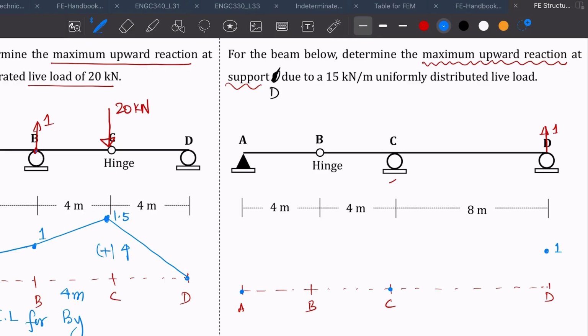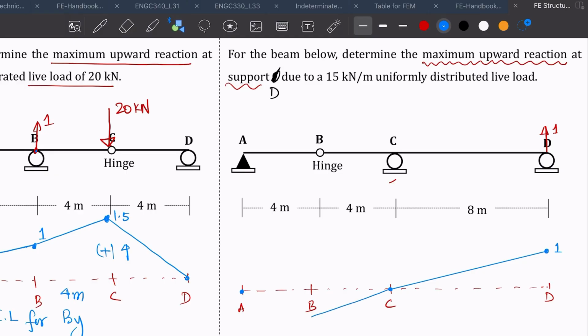Okay, so now we have to draw the influence line. We have to draw a straight line and maintain continuity. We cannot draw a straight line over this because you would be bending the beam at C, or you cannot go up because you're bending the beam at C. It's not allowed, and it has to maintain continuity.